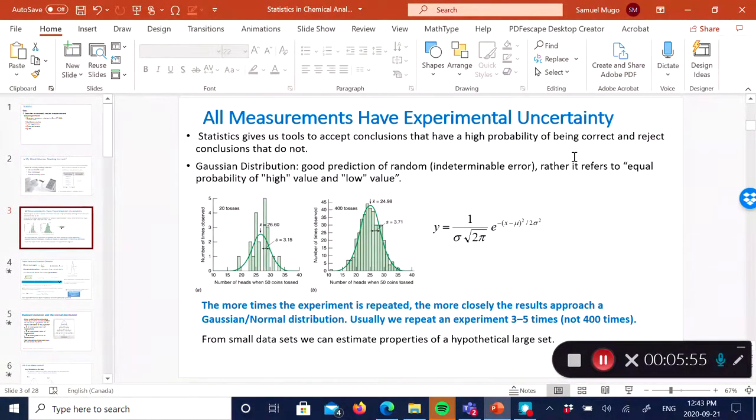Okay. So statistics give us the tools to accept conclusions that have got a high probability of being correct. And statistics also gives us the tools to reject conclusions that are likely to be incorrect.